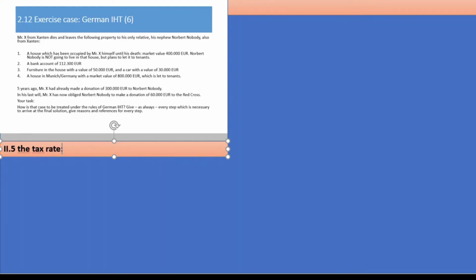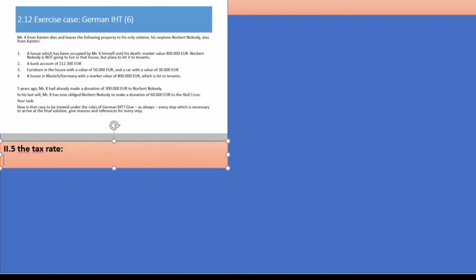The tax rate. Well, as you perhaps remember, the tax rate depended on the tax class and the amount of money which somebody gets. So the taxable amount, it was progressive under two aspects. It is progressive with regard to the tax classes, and it is progressive with regard to the amount which was transferred.